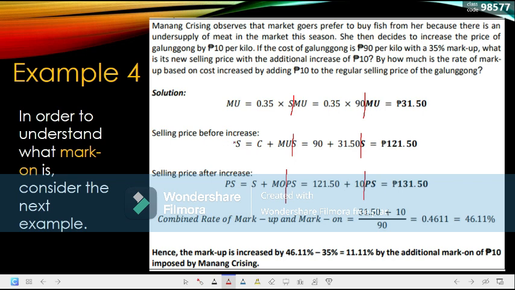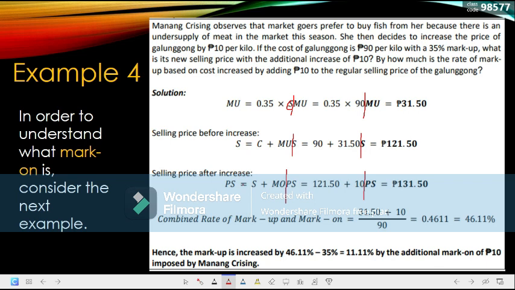Now the selling price before the increase. So remember, the selling price is equal to the cost price plus the markup. And the cost price is 90. Okay, for a moment, let's make a correction. This is C, so you won't be confused.